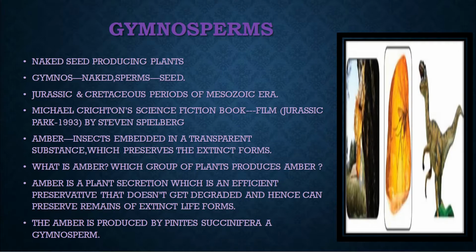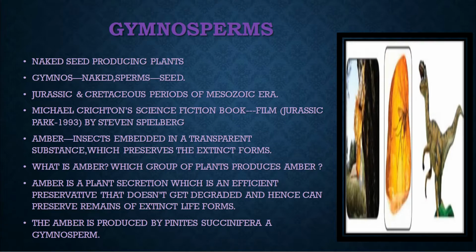Michael Crichton's science fiction book was transformed into a film called Jurassic Park in 1993, and this film was produced by Steven Spielberg. What is amber? The insects are embedded in a transparent substance, and this transparent substance could preserve the extinct forms, which is called amber.